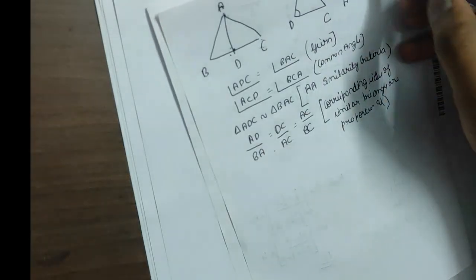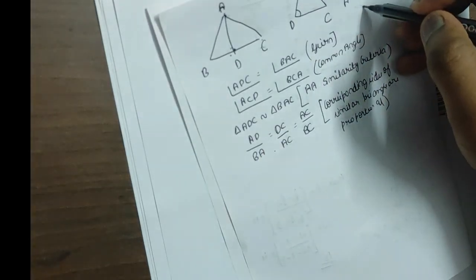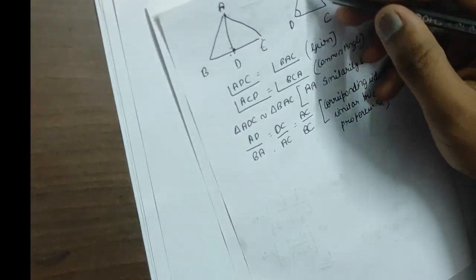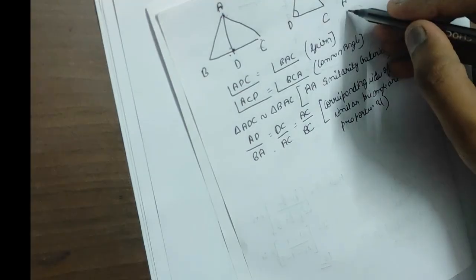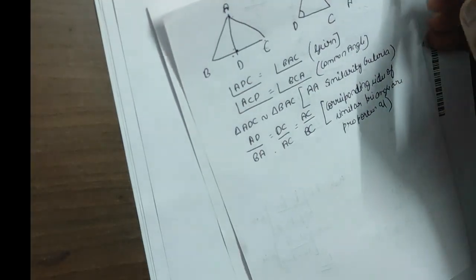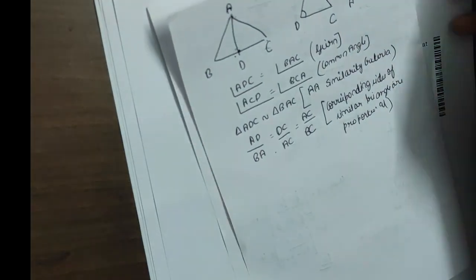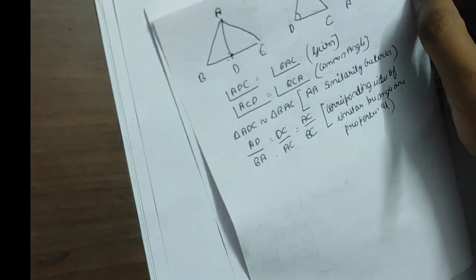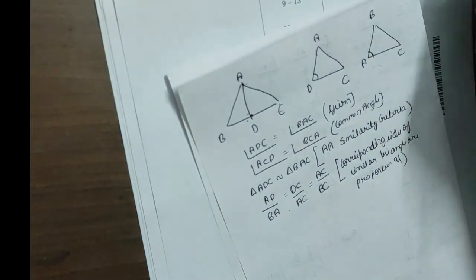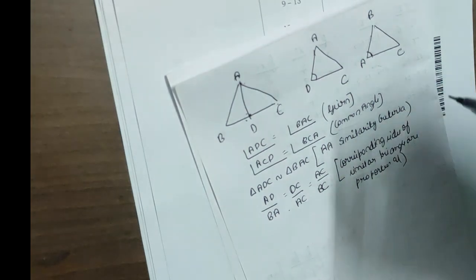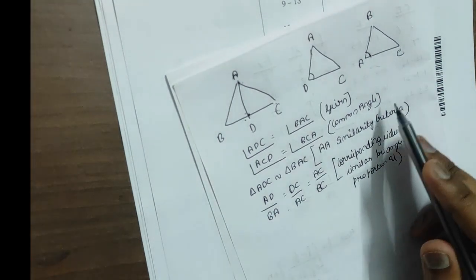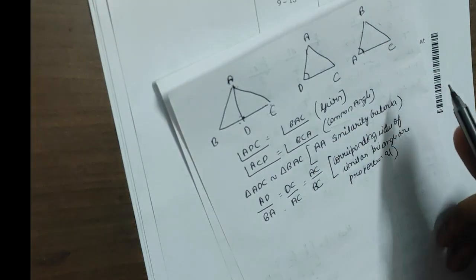ACD and BCA are equal, as we have considered by the common angle. Now we compare AD by BA is equal to DC by AC is equal to AC by BC, this side.